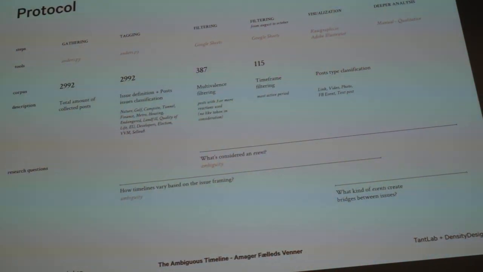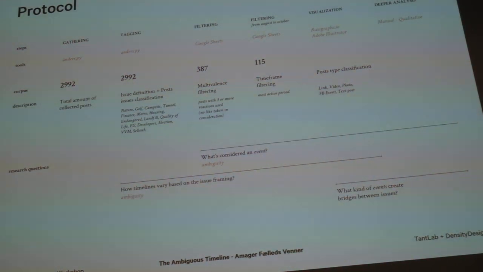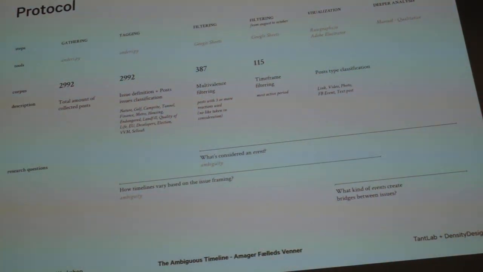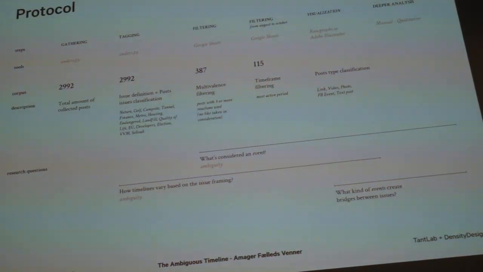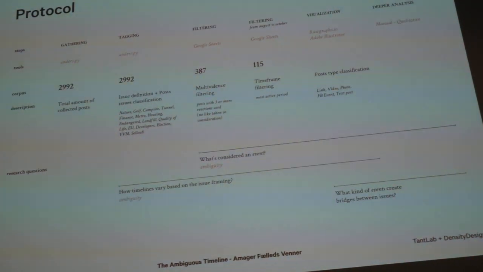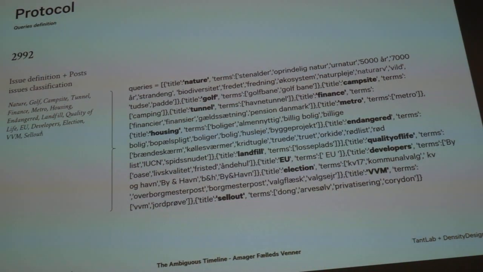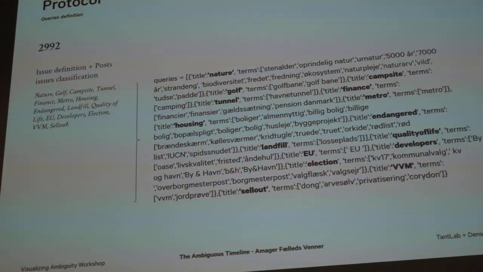So we selected a small amount of posts, and then we saw that there is a most active period from August to October, and then we made this latest time frame. And yes, this is in the protocol. And it will be developed. Yes, step by step, and you will see all the parts.